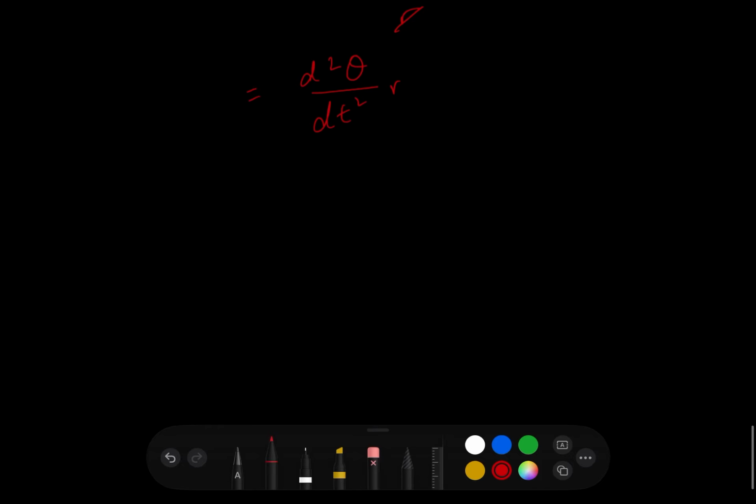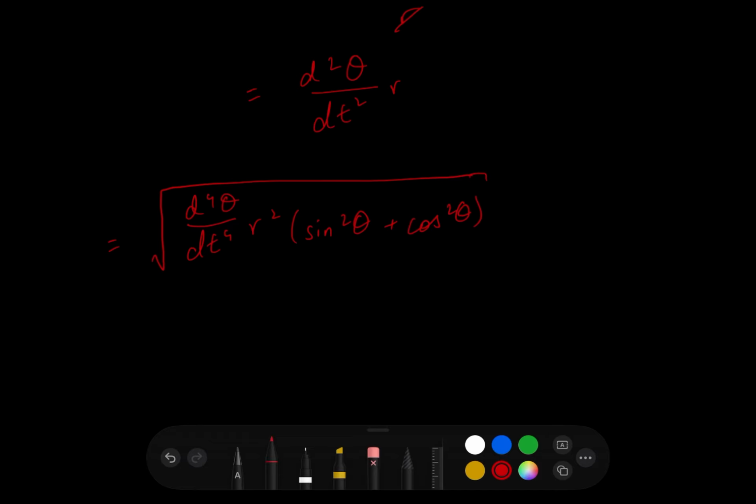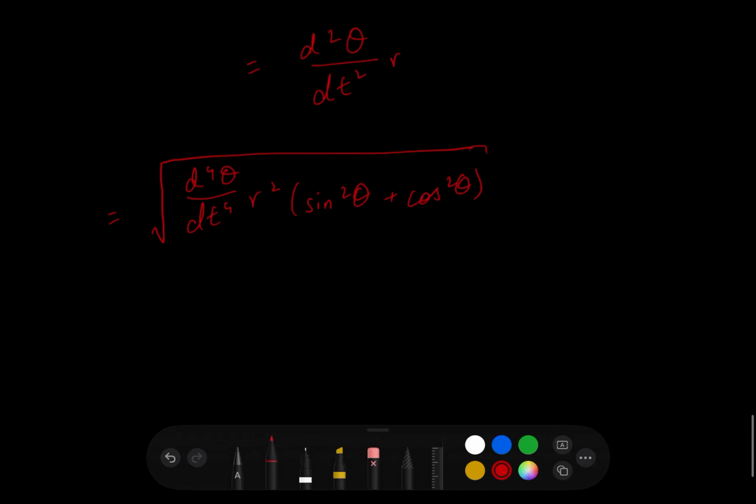And we can now put this under a root, so we can write d theta by dt to the fourth times r square. And if we multiply it by sine square theta plus cosine square theta, then that will obviously just be the same thing because this is just 1.